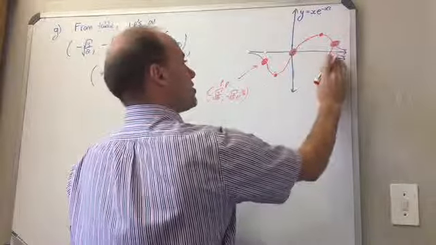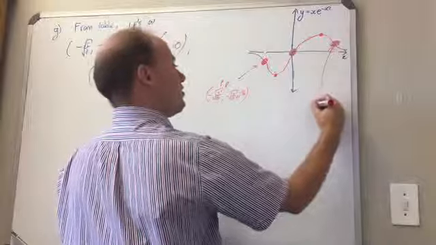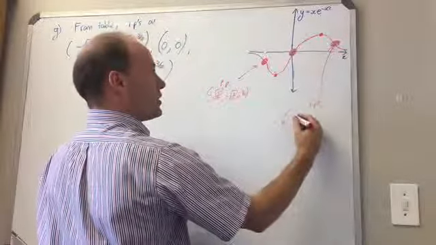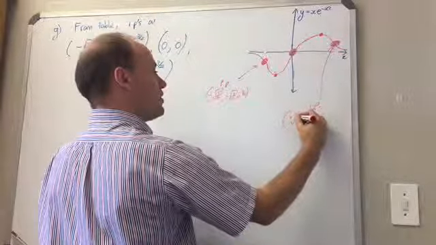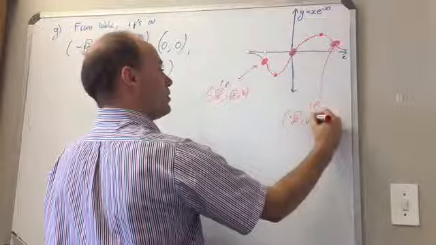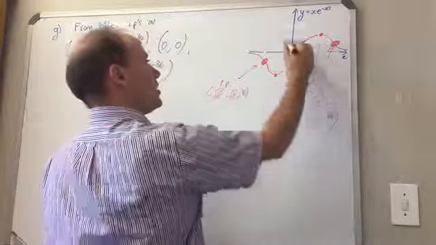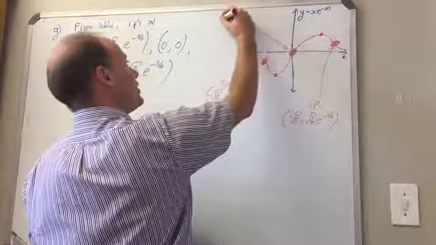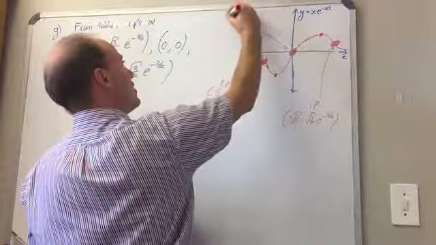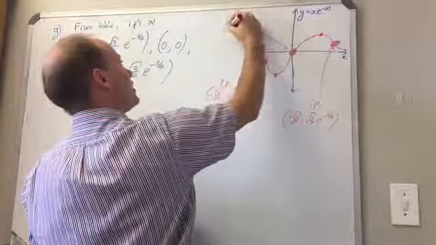This is also an inflection point, so I'll mark that off. Its coordinates are plus root 3 over 2, comma, root 3 over 2 e to the minus 3 over 2. This is also an inflection point. Its coordinates are 0, 0.